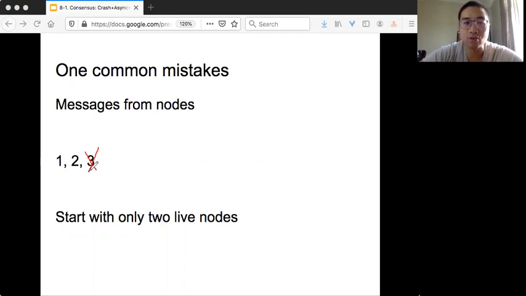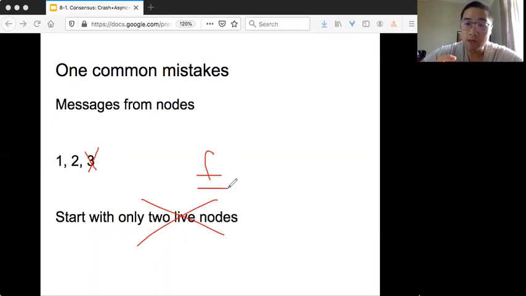And then that trivially proves the claim. And this is not true, okay? So remember, what is the meaning of f? The meaning of f is the upper bound on the number of faulty nodes.